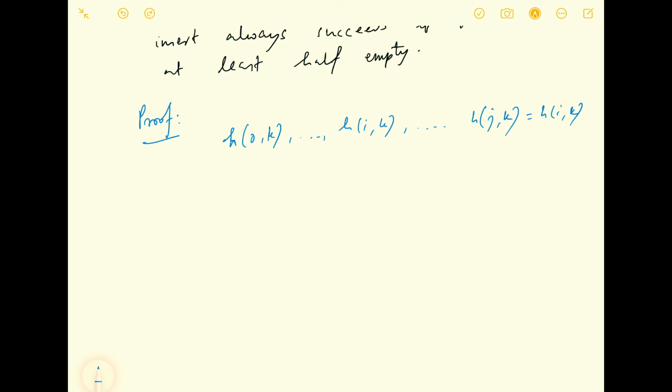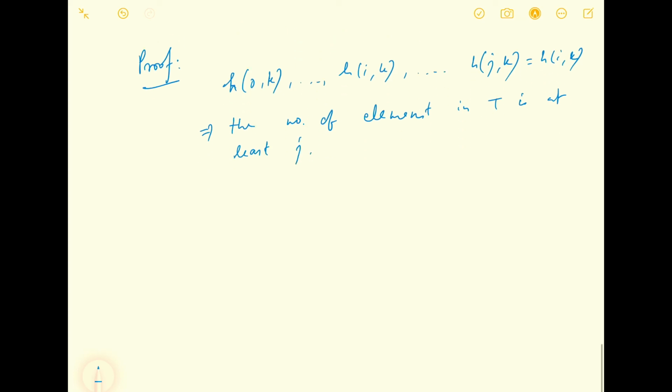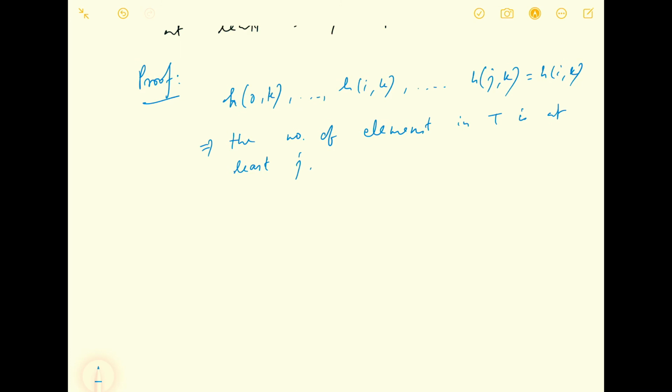So let me write properly. That implies that the number of elements in T is at least j, and in particular we have j is less than size by 2, because if j is more than size by 2, that means there are more than size by 2 elements in the table, which is a contradiction.